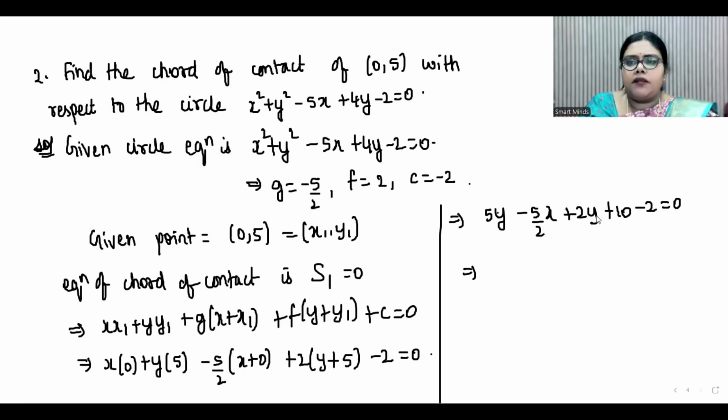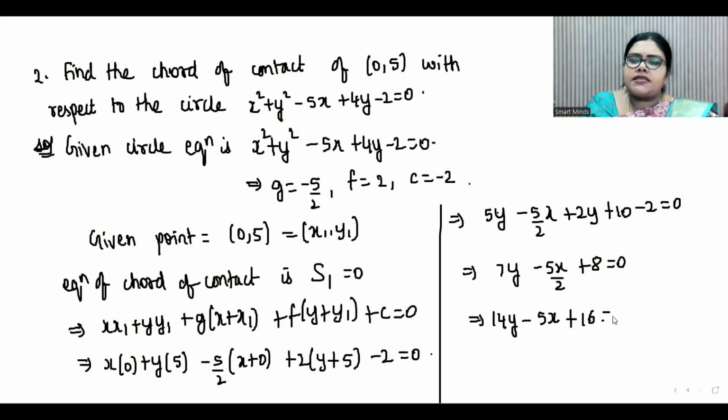So 5y plus 2y is 7y, minus 5x by 2, plus 8 is 0. Take LCM. So LCM is 2: 14y minus 5x plus 16 is equal to 0. This is the chord of contact.